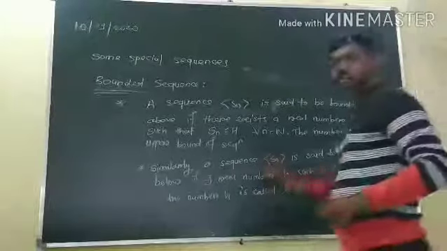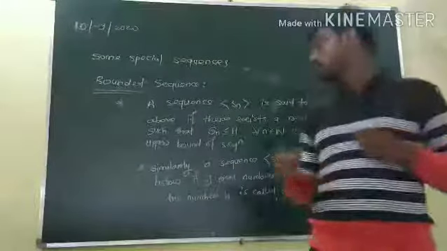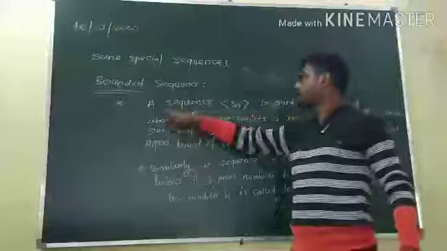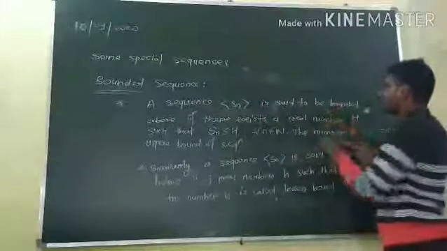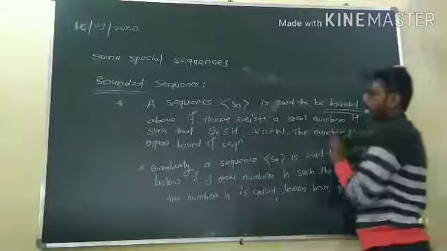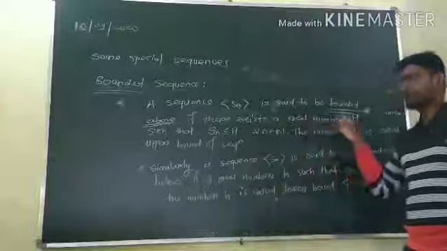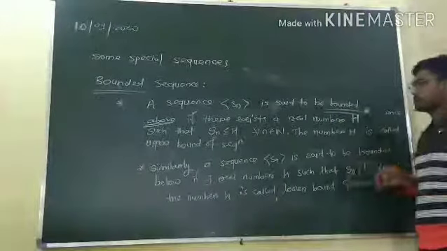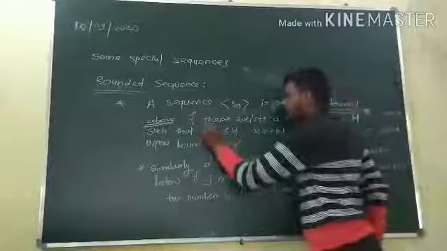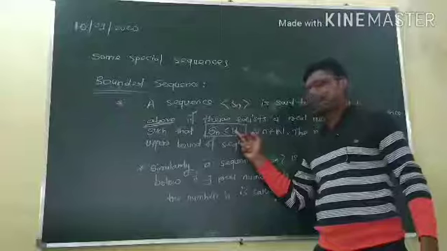Now we will see the actual definition of a bounded sequence. First, a sequence Sn is said to be bounded above if there exists a real number capital H such that each term of the sequence is always less than or equal to that number.